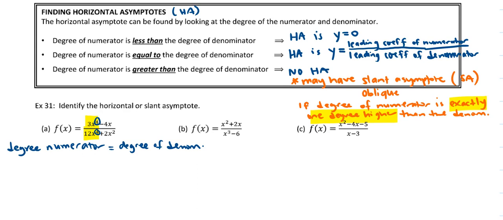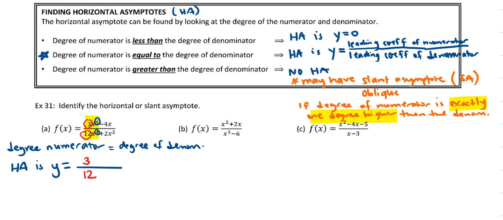So they're both equal. The degree of the numerator is equal to the degree of the denominator. What does that tell us? We are at this case up here. That tells us we do have a horizontal asymptote. It exists, and it is found by setting up a ratio of the leading coefficients. We have a 3 on the numerator over 12 on the denominator. I made that fraction bar a little too big.